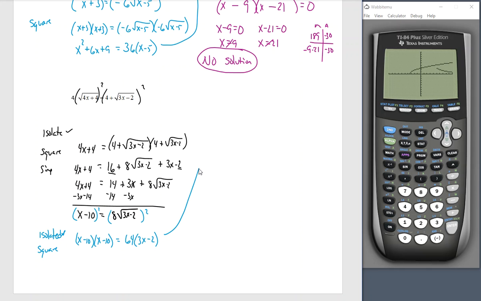I don't want to throw on a 6th page here. x squared minus 20x plus 100 equals 64 times 3, 192x minus 128. Whoo. We'll take those to the other side.